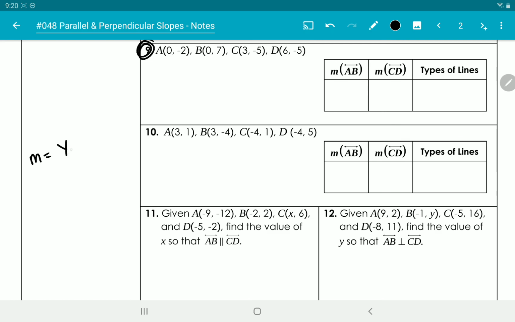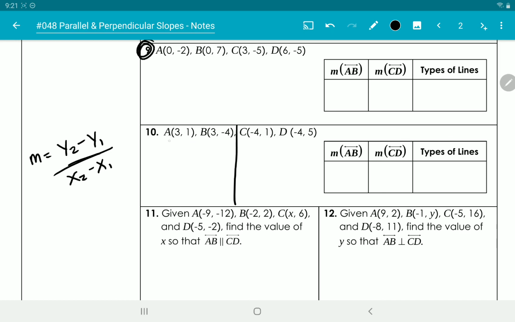I'm going to go ahead and copy it down here too, so that I can see it while I'm working, because I am going to go over number 10 with you so that you can see what happens in this weird situation. So again, we split it between AB and CD because these are the lines.